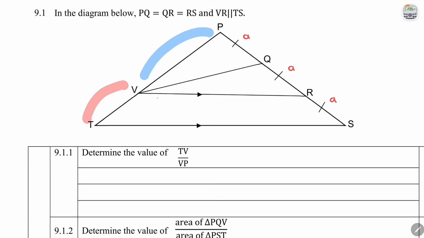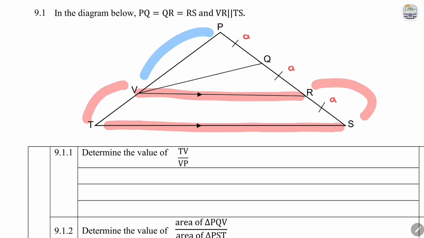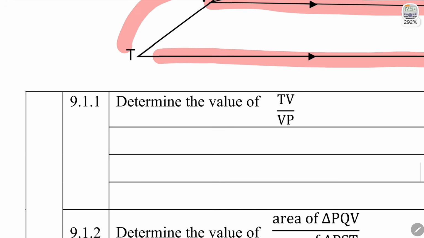So using the proportionality theorem, because we have a line parallel to one side of the triangle, what we can do here is we're just going to pair it with the side that it is in proportion with. So that's going to be RS over PR. And you see how PR is made of two sets of A's added together. Okay, so here's what we can tell them.